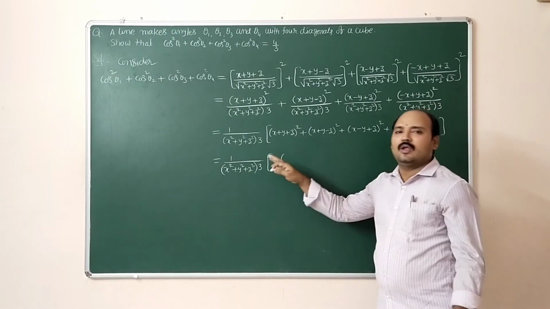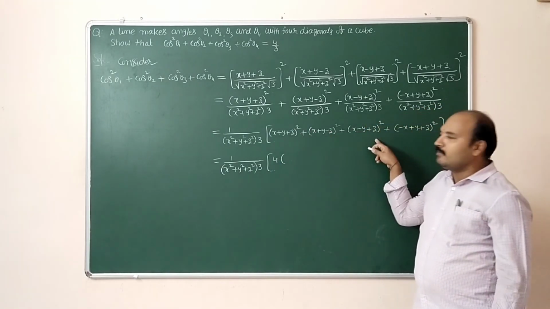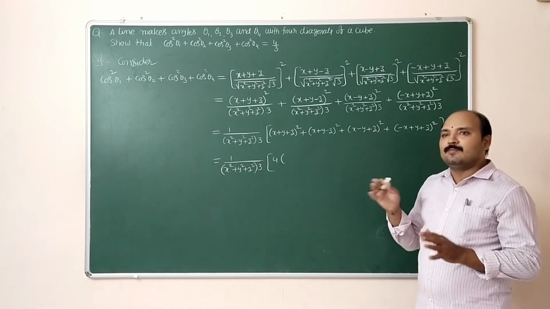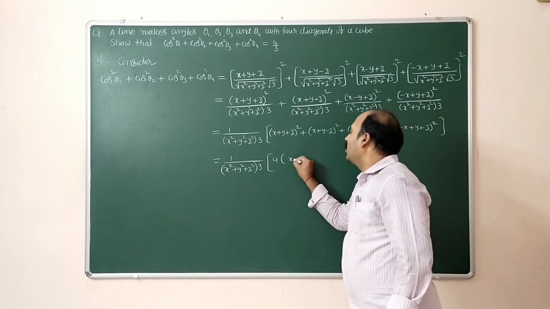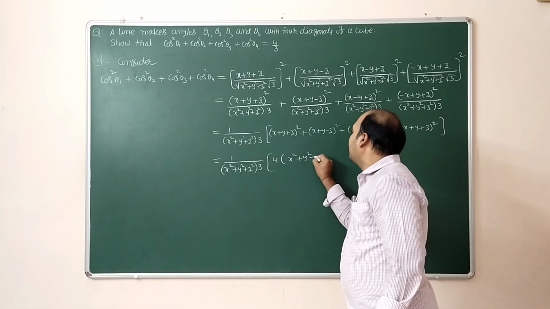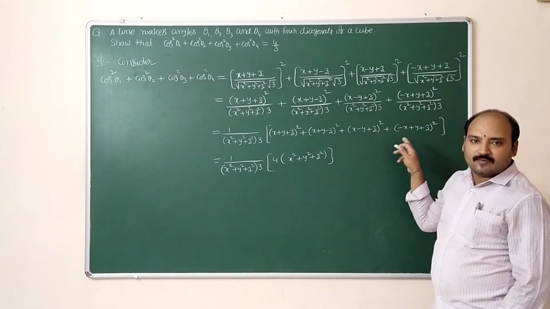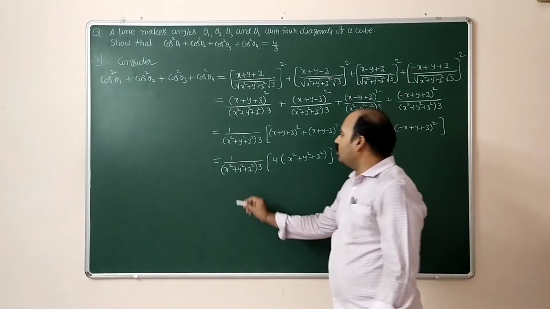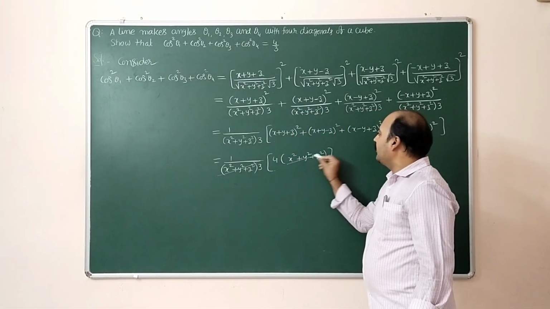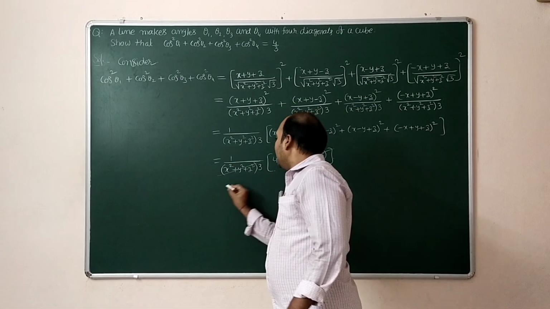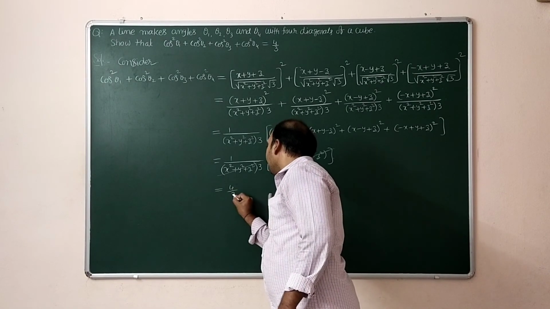If you expand and simplify each and every term, you will get the same answer. So 4 times x square plus y square plus z square. If you simplify this bracket value, you will get this. So now x square plus y square plus z square will be cancelled. 4 into 1 by 3 is equal to 4 by 3.